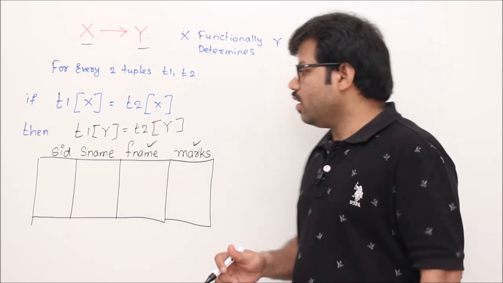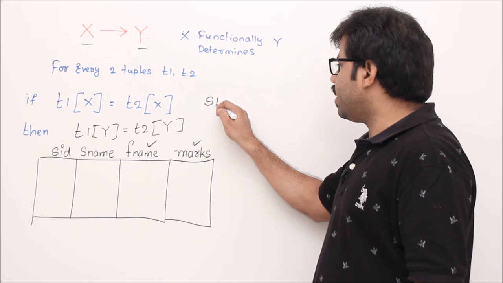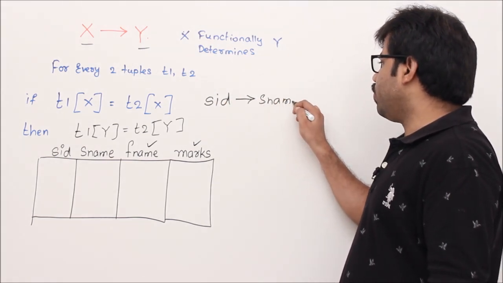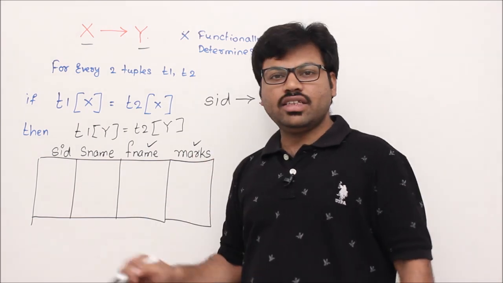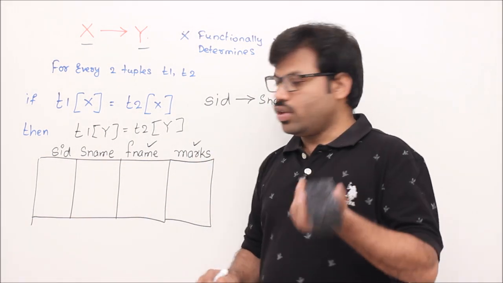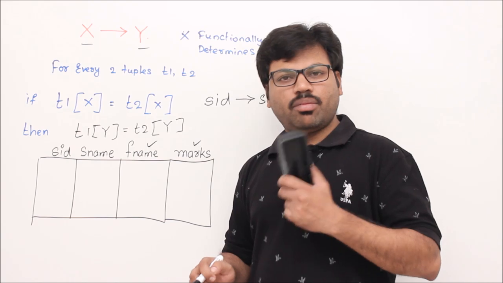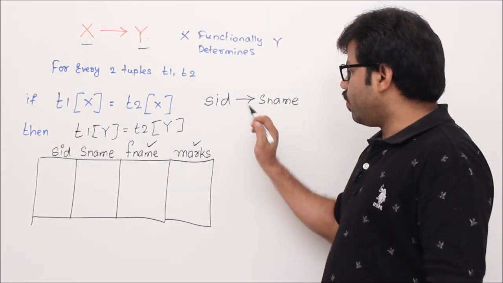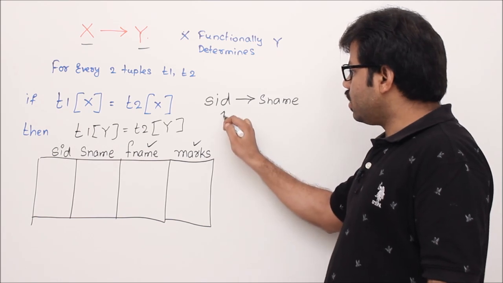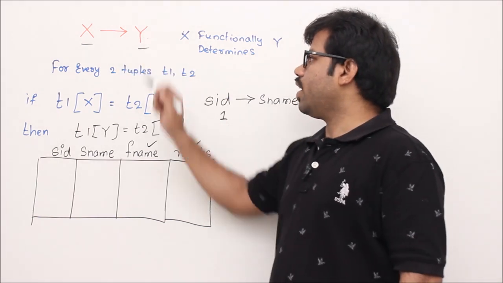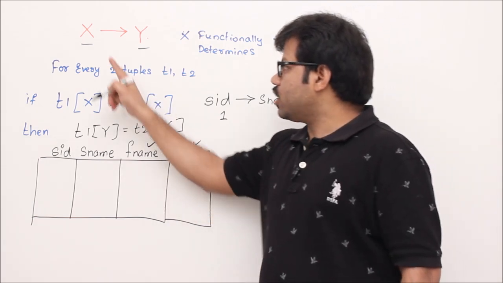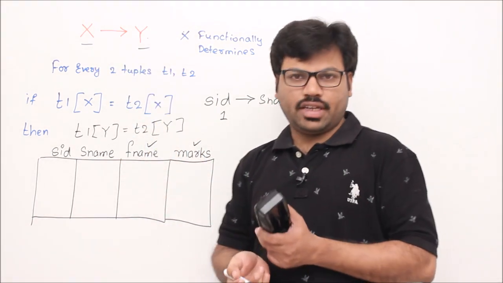Now my question is, let's say you know about this data. Can I say student ID determines student name? Is it meaningful? Yes, it is meaningful, because we know that student ID is a unique identifier, right? So you are not going to repeat that number for multiple students. First of all we see the data. What is the concept of X determines Y? For every two tuples, if X values agree, then Y values should agree, correct?